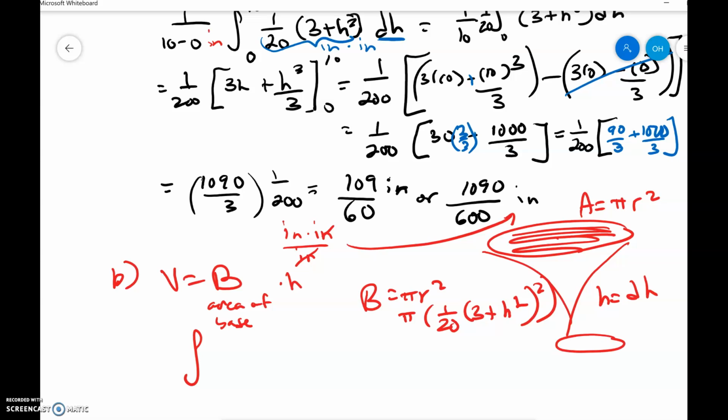I'm stacking up all these increasingly smaller circles, and if I stack them all up and I make this vertical unit height, this delta h, really, really tiny, I end up with this funnel. So I have 1 over 20 times 3 plus h squared, whole thing squared, dh, and then there's the pi.